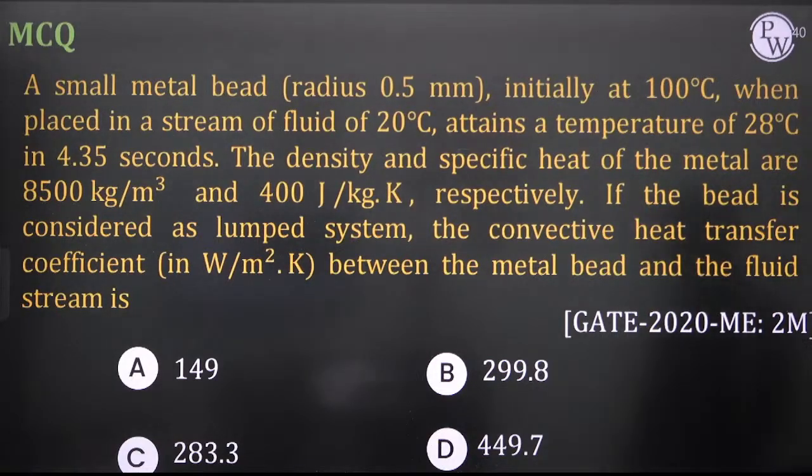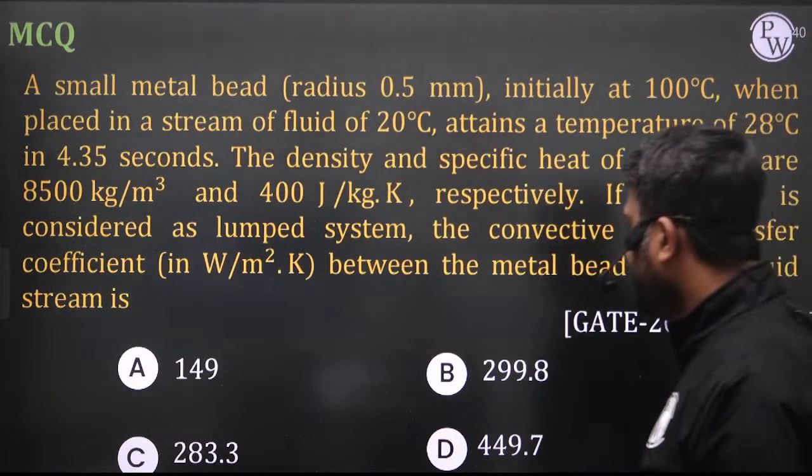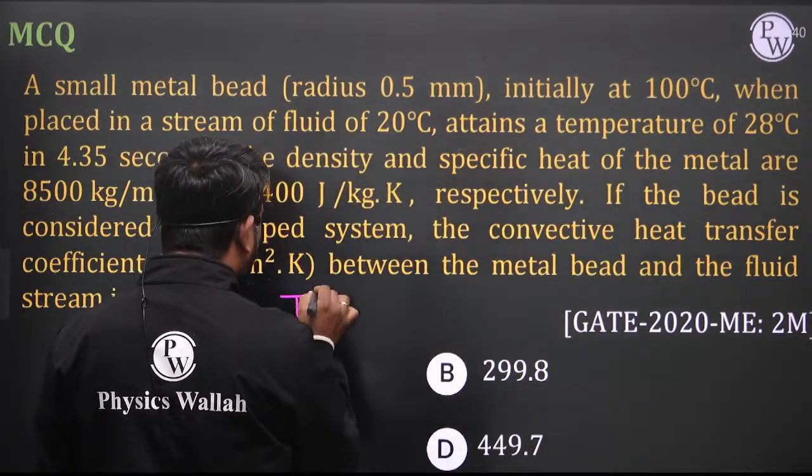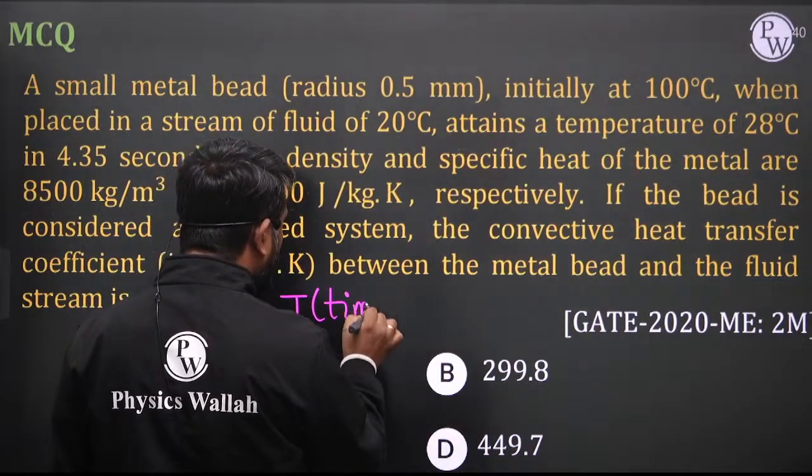So this is a problem of unsteady state conduction, and in the question it is clearly mentioned that lumped system is applicable. In lumped system, temperature is only a function of time.